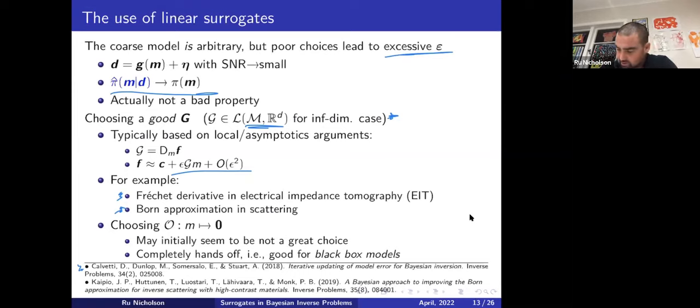But one of the benefits is that it's completely hands-off. I don't have to do anything. If I choose my coarse model to be that, I don't have to worry about writing down or computing anything. I would still have to compute the accurate model to learn the difference between the accurate model and the zero model, but I wouldn't have to run the coarse model because I know the output is zero.